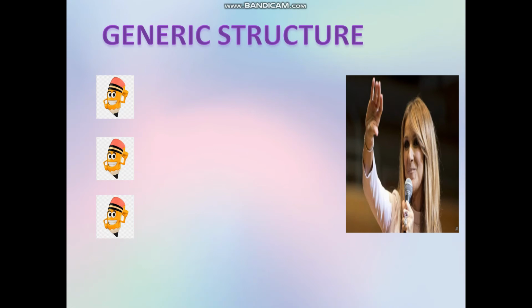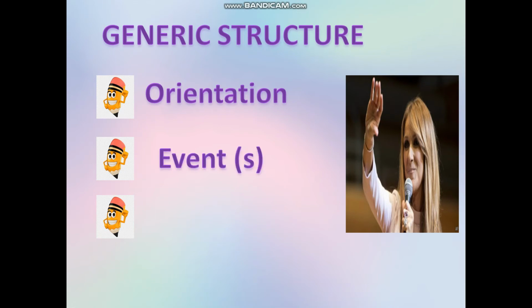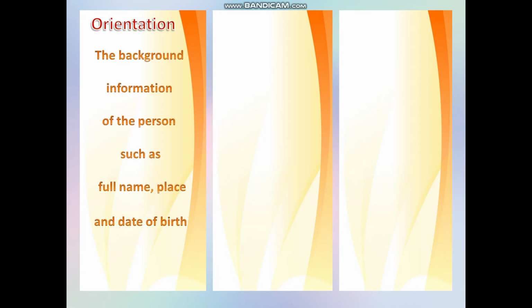Now, as we have learned previously, the generic structure of biographical text is, the first part, orientation, the second is events, and the third is reorientation. Take a look at the generic structure of the text. Orientation explains the background information of the person, such as full name, place, and date of birth.